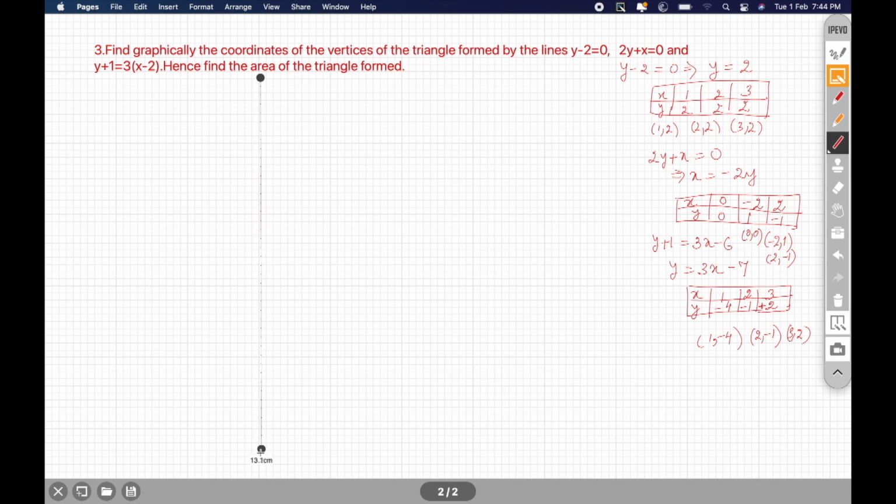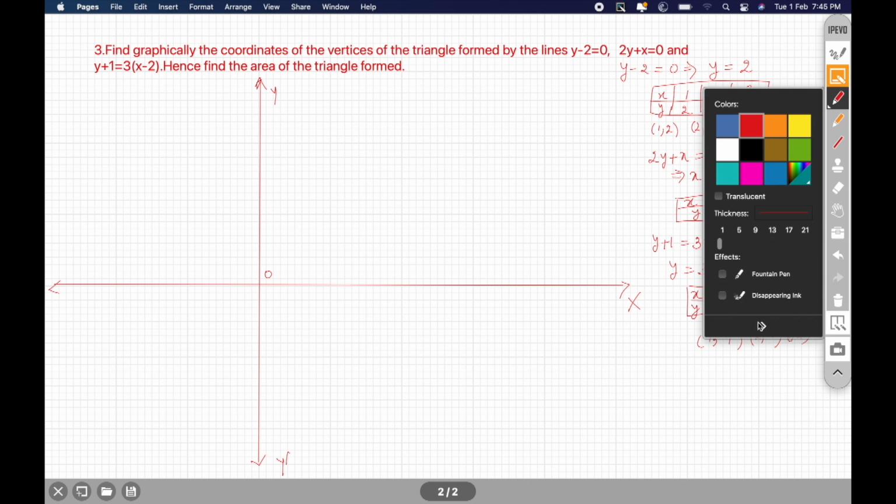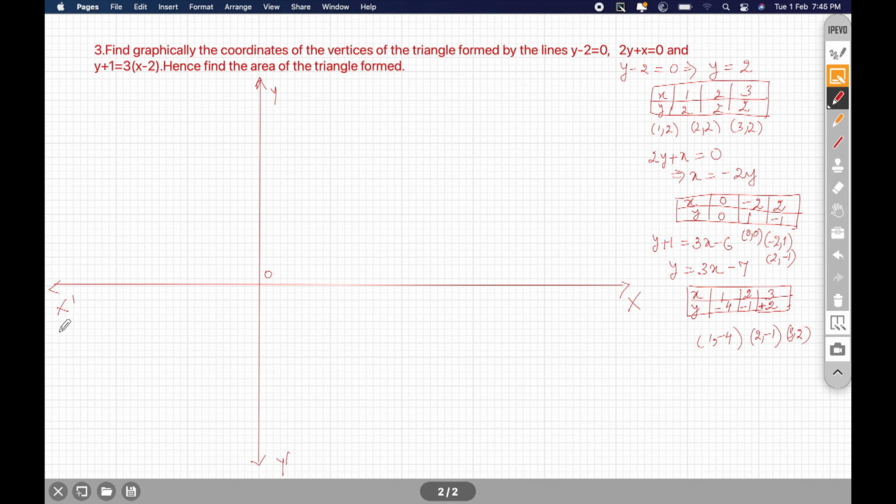Let us draw the x and y axis and also mark the points. So we have marked all the points in the x and y axis.